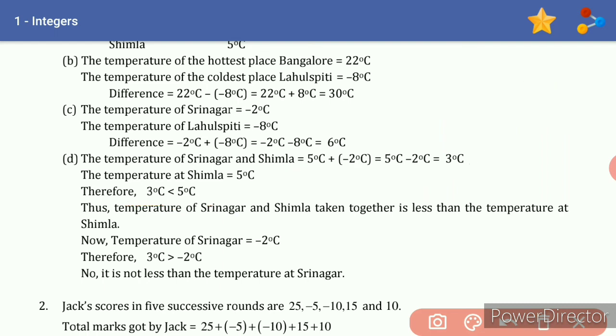Now temperature of Srinagar is minus 2 and the combined temperature is 3 degrees, so it is not less than the temperature at Srinagar. The combined temperature is greater than minus 2, the temperature of Srinagar.